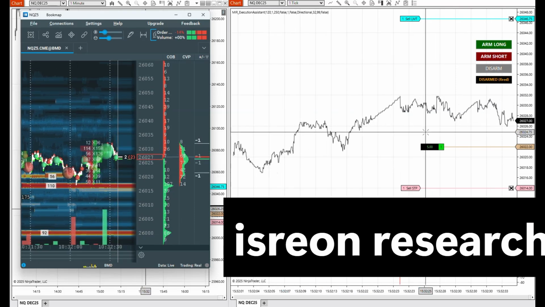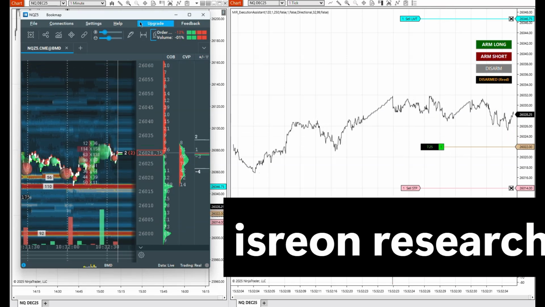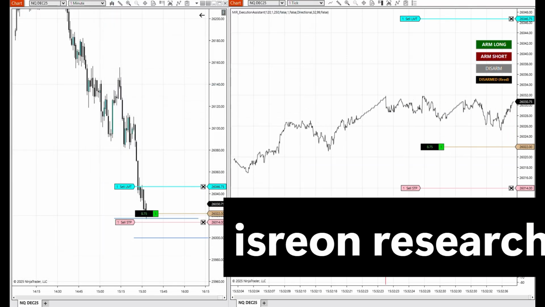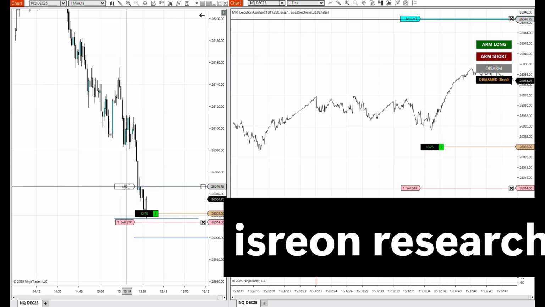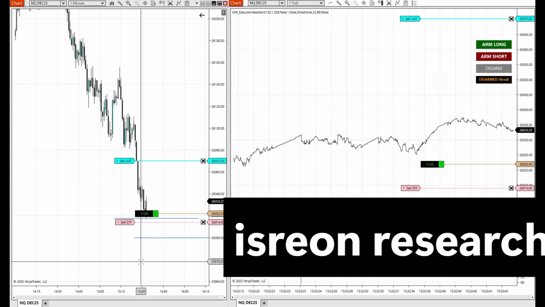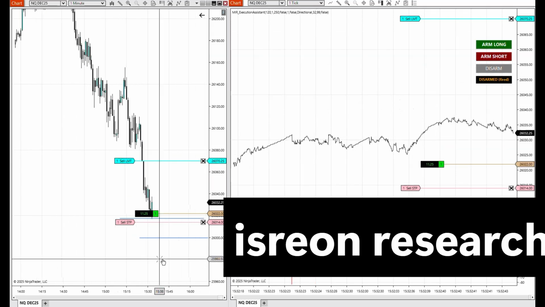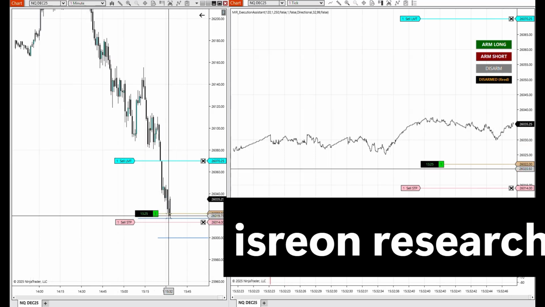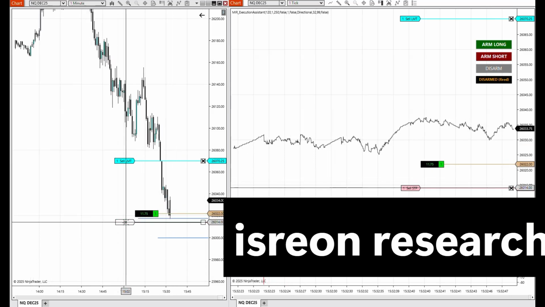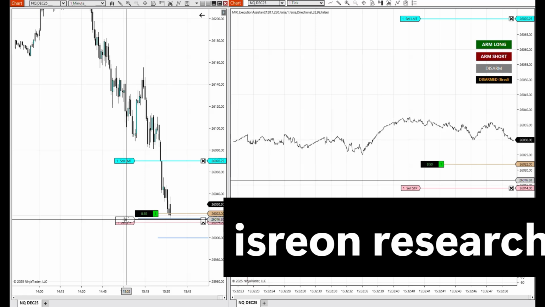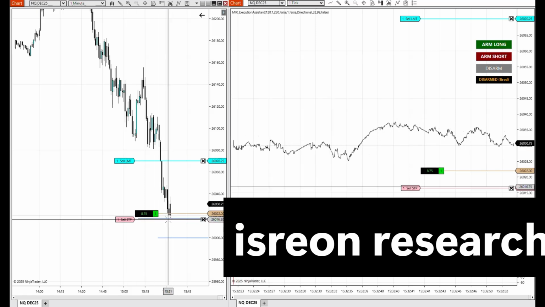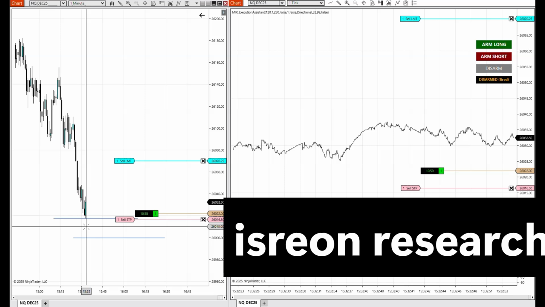But what I can show you is how we nail these little entries just off the bounce. Oh, let me just move to TP. So you can see there how we get the precise bounce from the level. So I had these levels marked up from before.